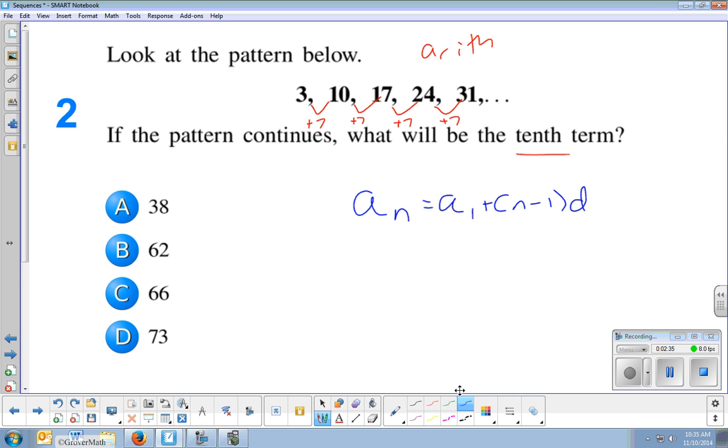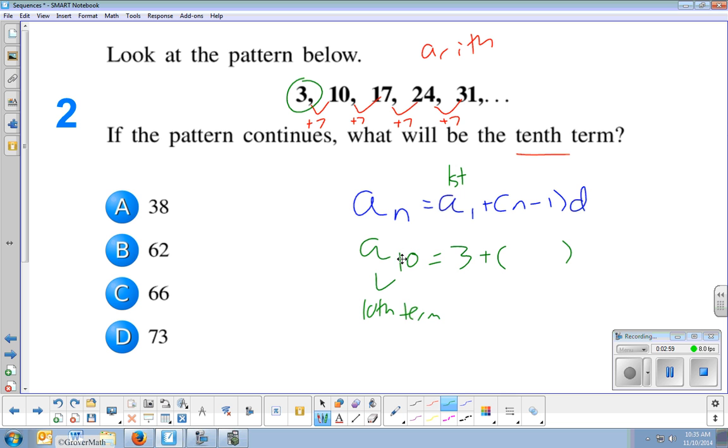If we fill this in for this problem, a10, the 10th term, equals a1, your first term, which in this case is 3, plus n minus 1. Now, n minus 1 isn't the 10th term minus 1, it's just 10 minus 1.